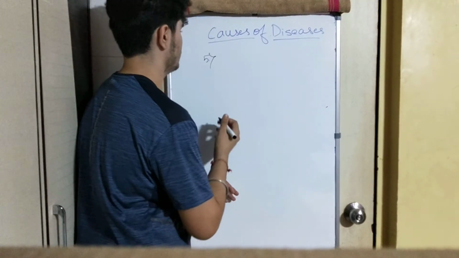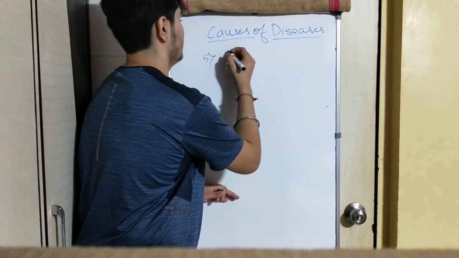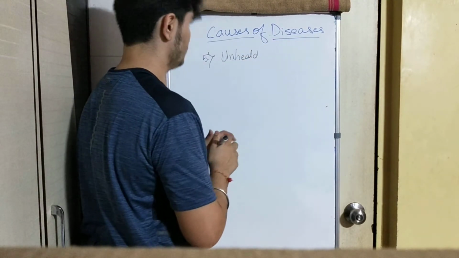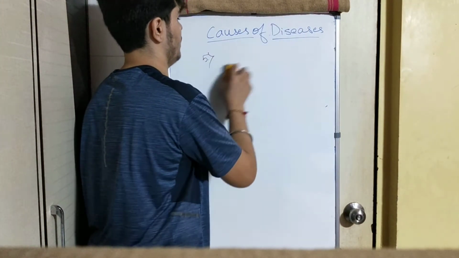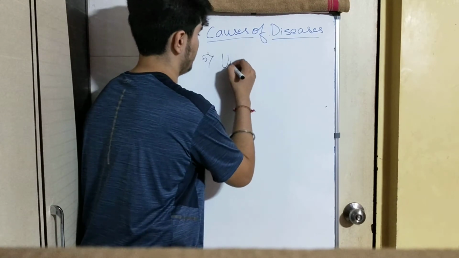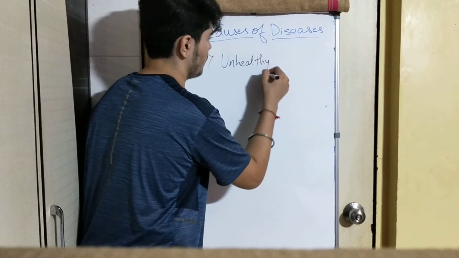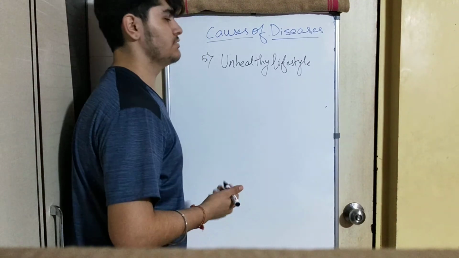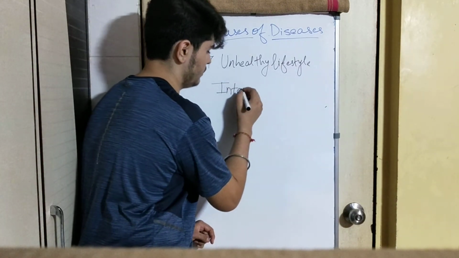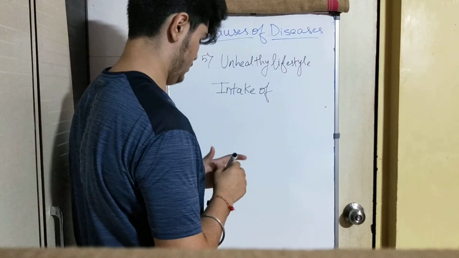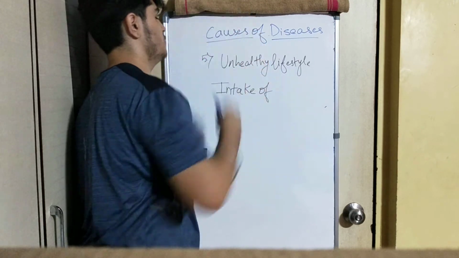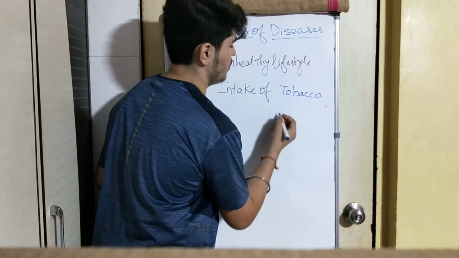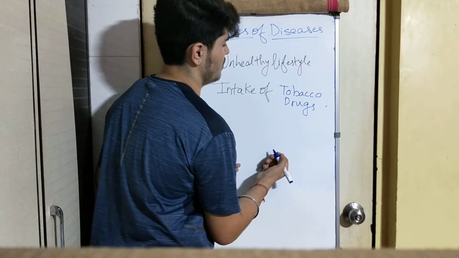Next, unhealthy lifestyle. Unhealthy lifestyle here means intake of, let me write with the other color so you pay importance to these things, intake of tobacco, drugs, alcohol.